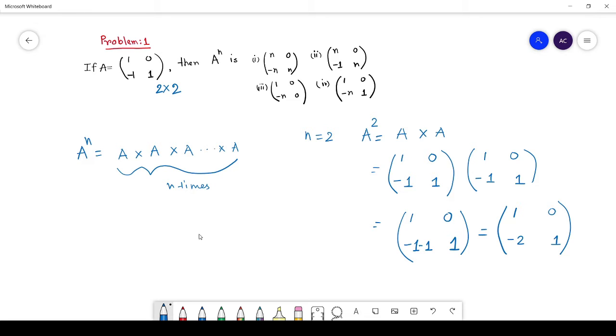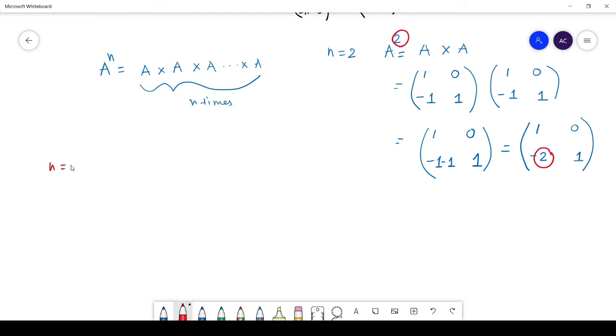One thing you can observe is that there is a 2 here. Now let's calculate for n equals 3. We already got A square, so A cube will be A square into A. Take A square, that is [1 0; -2 1], and multiply with [1 0; -1 1].